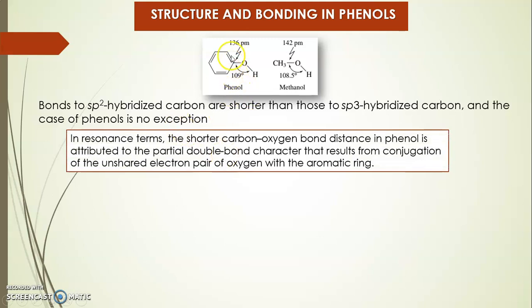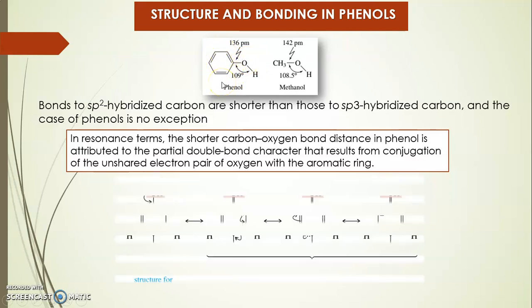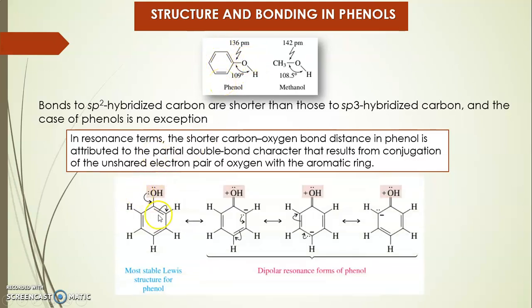And moreover, there is resonance in phenol. That is the reason for the shorter carbon-oxygen bond distance in phenol, which is attributed to partial double bond character that results from conjugation of the unshared pair of electrons on oxygen with the aromatic ring, as shown here.